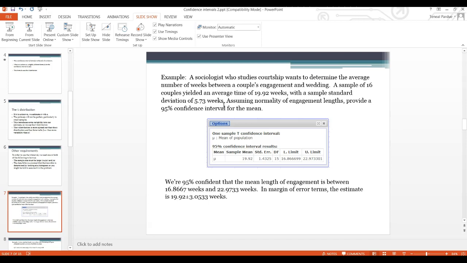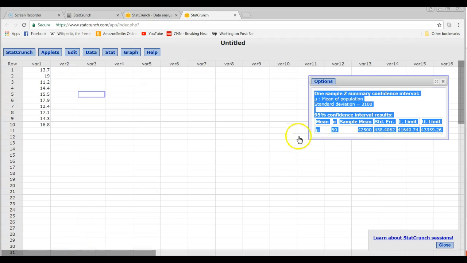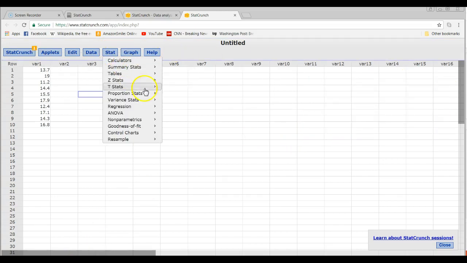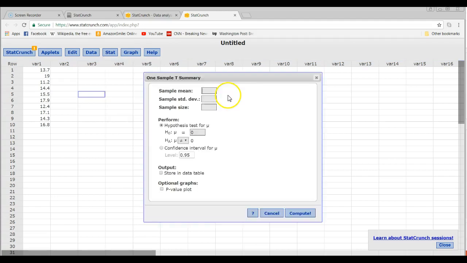Okay, so we're looking for the mean, and they give us the sample standard deviation as opposed to the population standard deviation. So let's go over to StatCrunch. And this time we're going to t-stats, one sample, and again we have with summary.